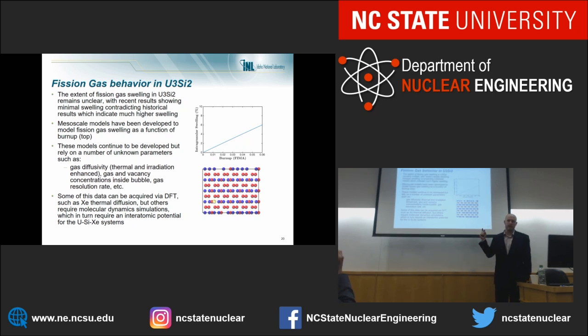One of the issues with U3Si2 is we don't really know how much it swells. Some of the old experimental data showed that it swelled a lot, probably on the order of what we're actually showing here. Some of the newer experimental data that just came out didn't have the same irradiation constraints as the old experiments. So we don't really know what's changed, but we do know that it's not showing any swelling behavior now. It's like less than 1% swelling. So there's something that's different.